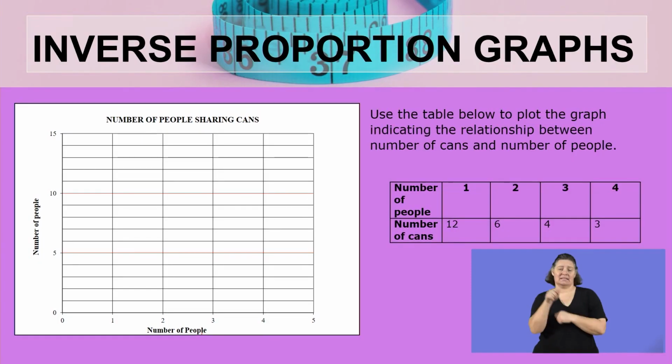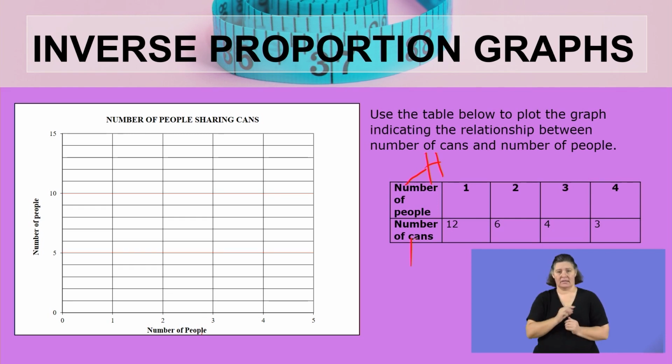That's where now we need to look thoroughly and check which one is the dependent, which one is the independent. We said number of people is independent. Then always the independent will be plotted on the horizontal axis. And the number of cans is the dependent, because it depends on how many people.